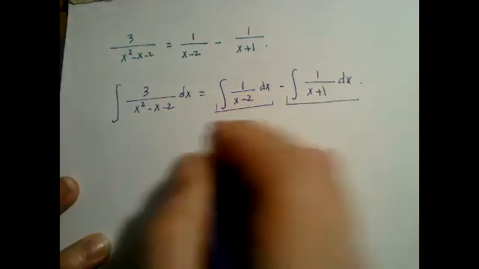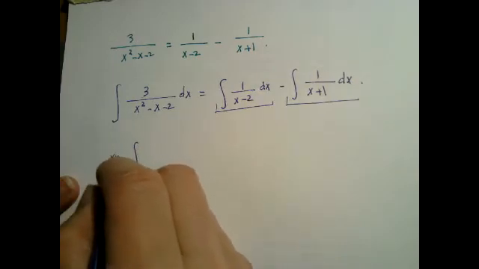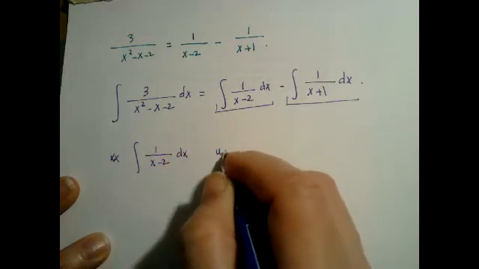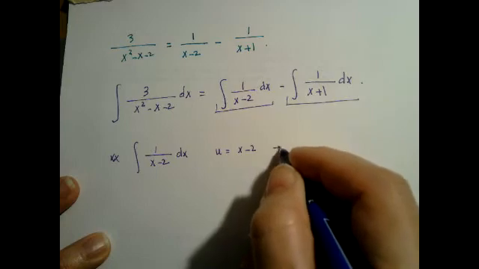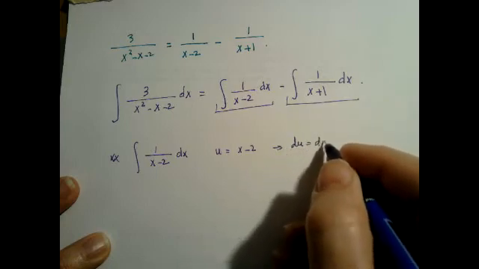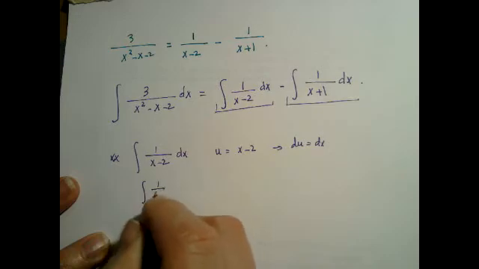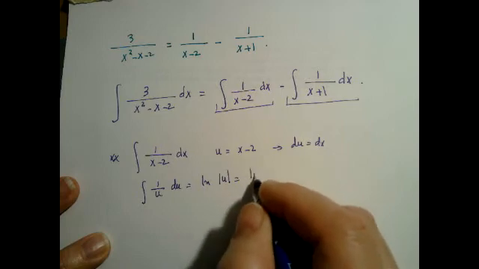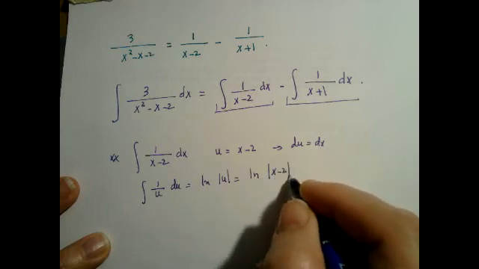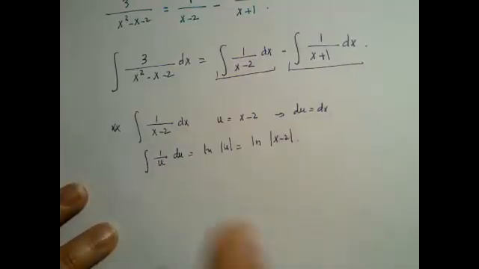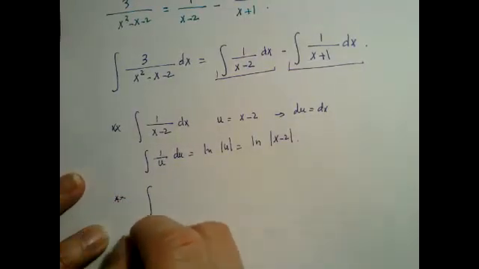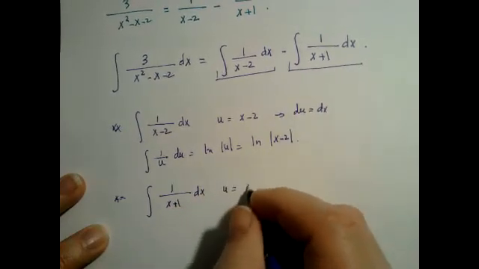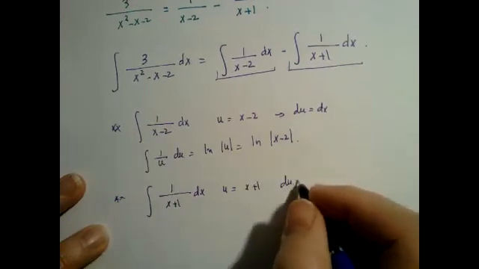I will do it today. So now let me do each one of them. 1 over x minus 2 dx. To evaluate this, I put u to be x minus 2. The du will be dx. And then this would become 1 over u du, ln of u. It means ln of x minus 2. Let's take care of the first. The second, I will do in a very similar fashion. 1 over x plus 1 dx. u is x plus 1. du is dx.